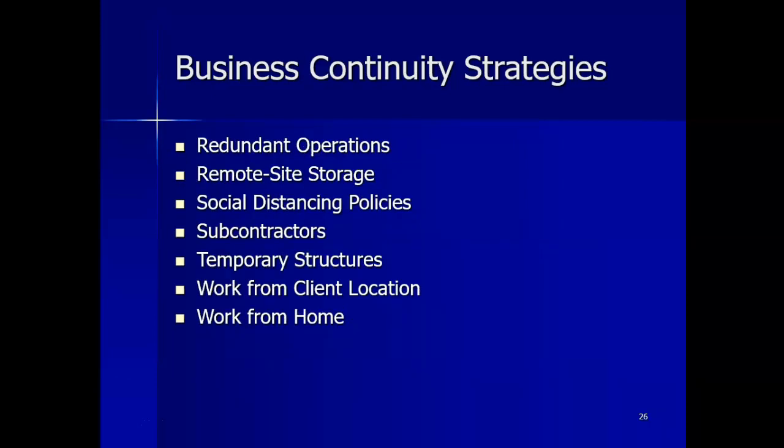Continuing with our specific strategies, we have our redundant operations, that's our continuous processing. This is a mirror image operation being performed at another location. This strategy is often extremely expensive as it requires redundancy of personnel, equipment, and infrastructure. And then we have our remote site storage, which is most closely associated with the securing of information records, both in electronic and in hard copy forms at another location.